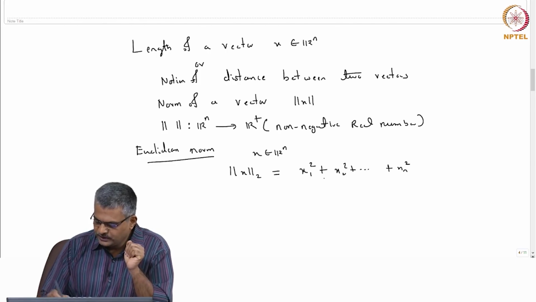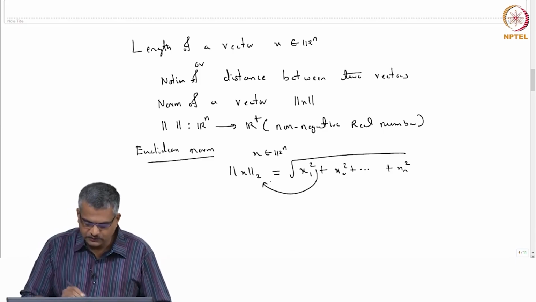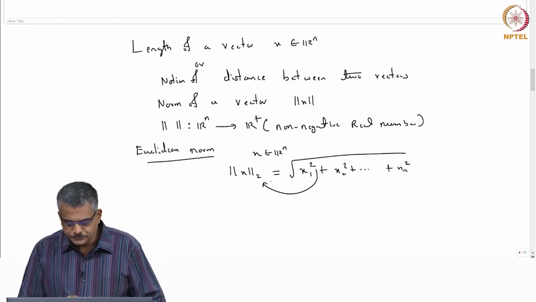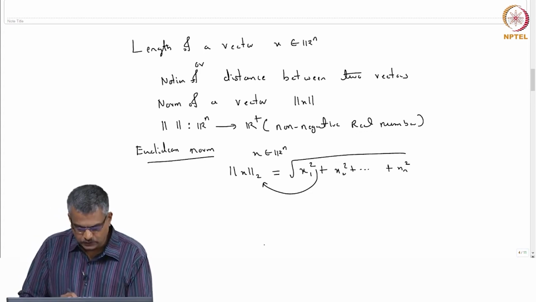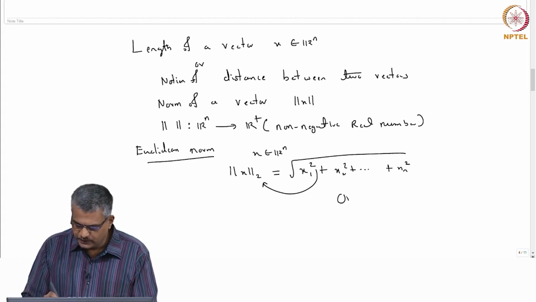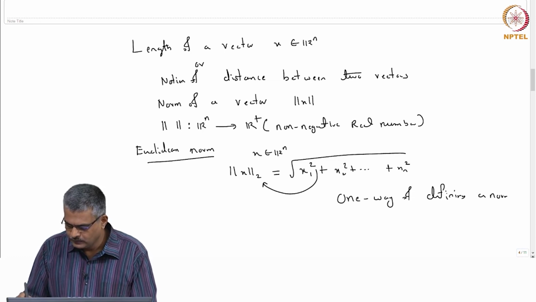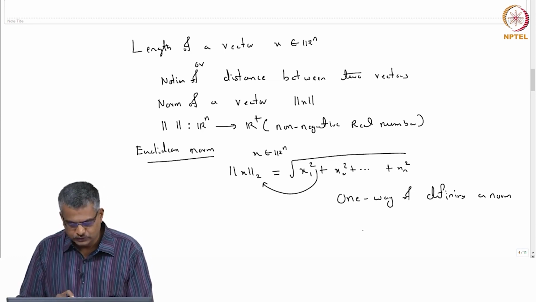So, you take each of the components, you square them and add them up and then take the square root. This 2 comes from taking the square of the components. So, this is one way of defining a norm, and it is called the Euclidean norm.